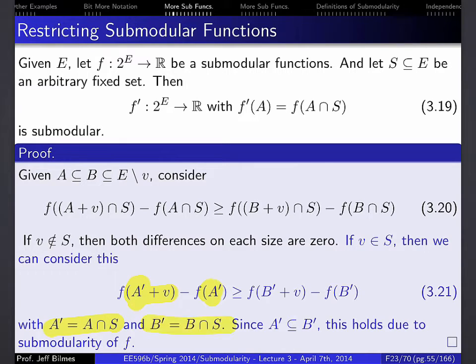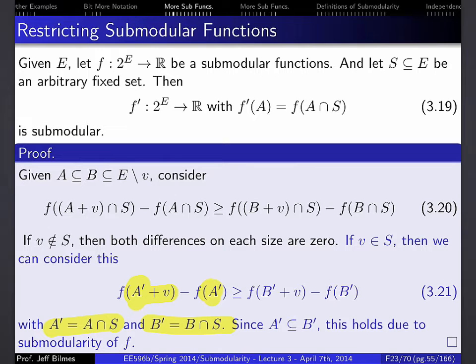And the same with B. And it's even the case that if, say, V is not in A, but it is in B, this basically works, right? Then this holds, again, because of the submodularity of F.